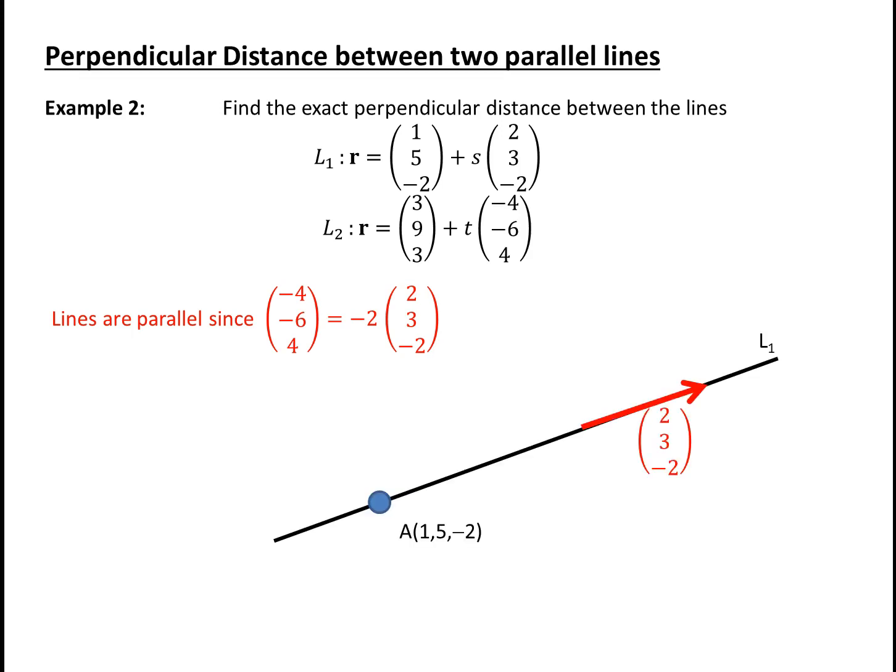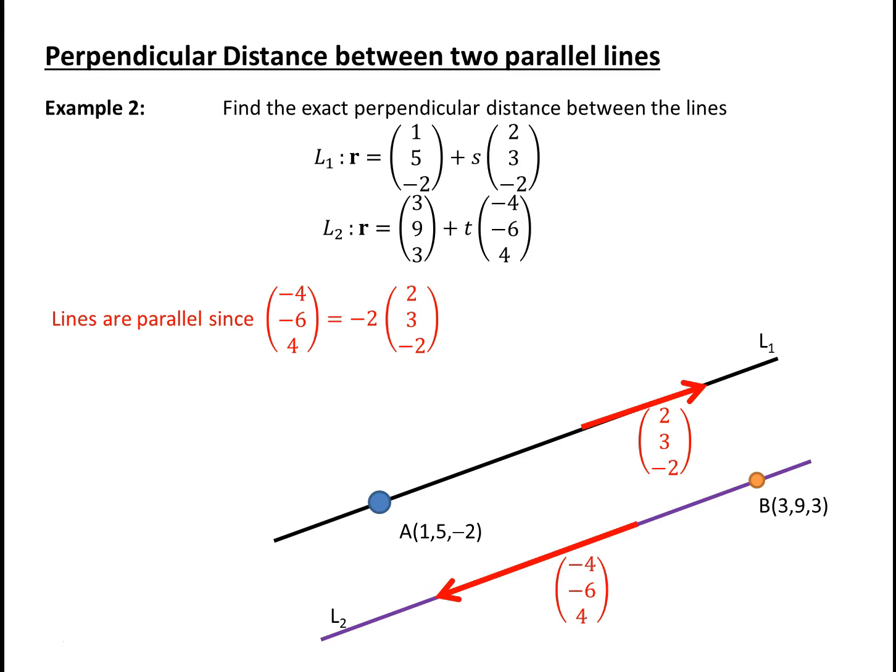Now let's just draw a sketch then. Suppose this is my line L1, which passes through the point (1, 5, -2) and has a direction vector of (2, 3, -2). And here's the line L2, which passes through the point (3, 9, 3) and has a direction vector of (-4, -6, 4).